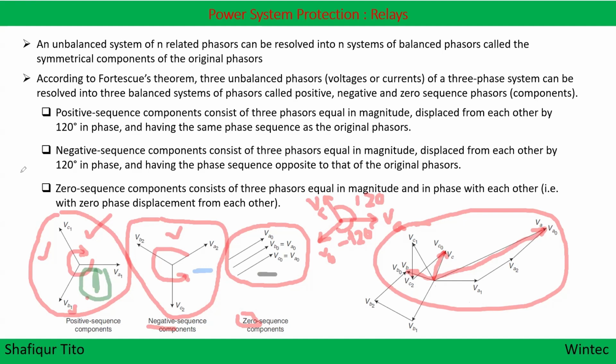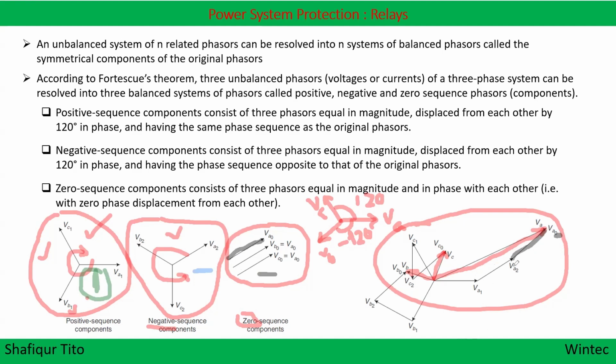So I will take again the black one. You can identify this is the black part, and that's coming from here. This part I have decomposed, and I have made this value VA0. This zero indicates this is a component of VA, and this is the zero sequence.